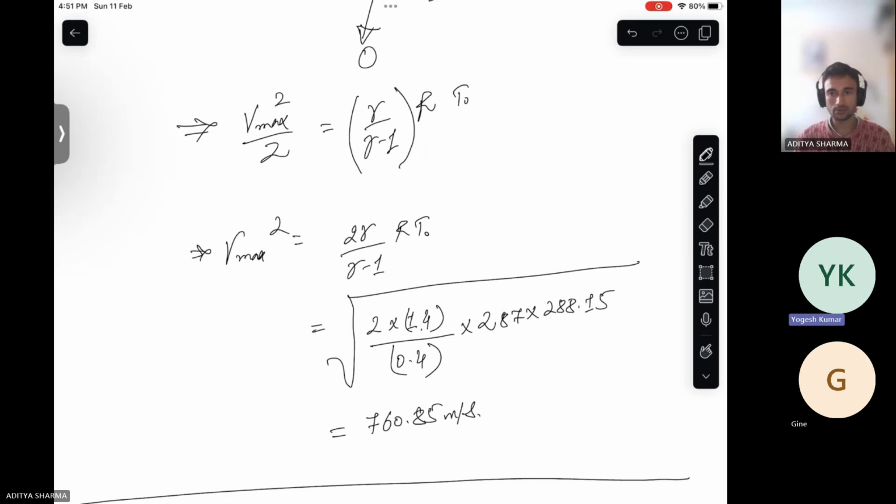Sir, can you tell that we have taken T equal to 0 now? Yes. In which part of the question is it given that T equal to 0? I have read the question, I can't find it. This question was from one of the previous assignments.